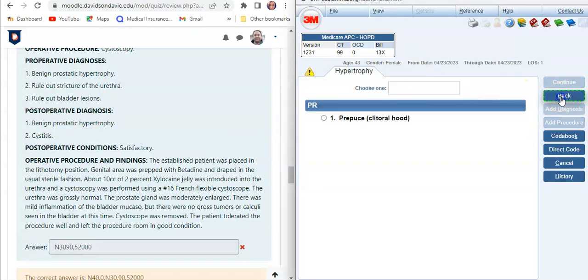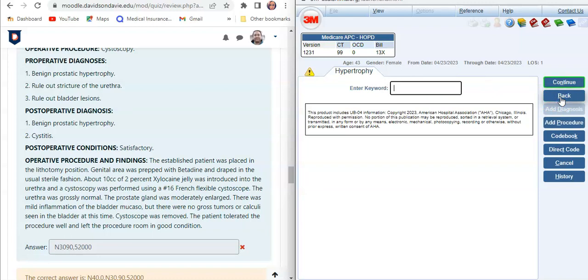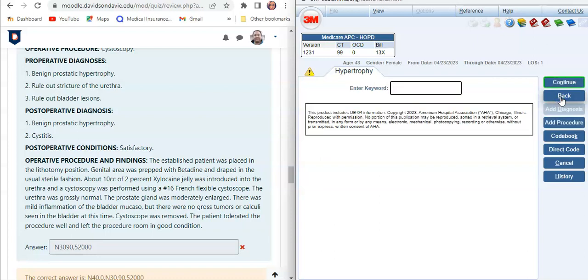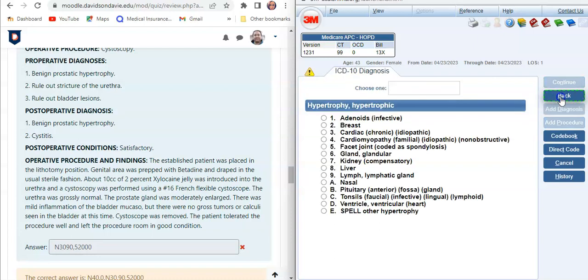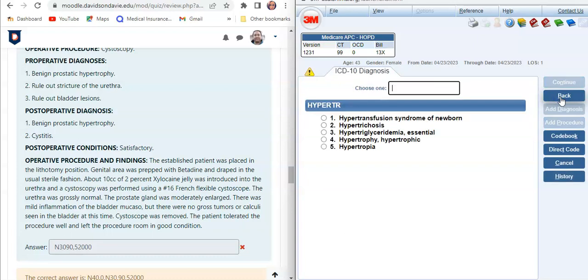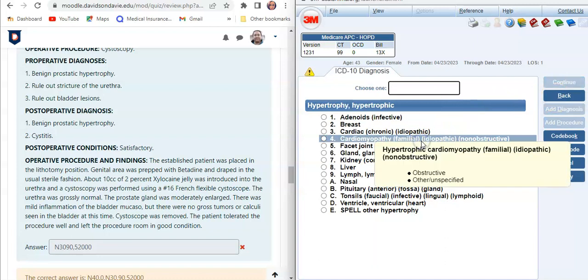No, that's not what we want. Hypertrophy. Prostate. Hypertrophy.